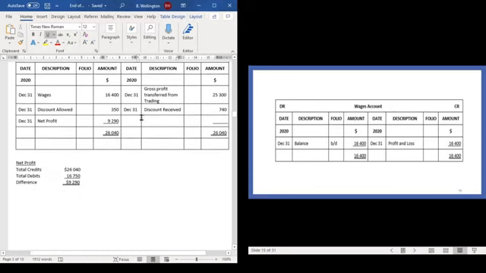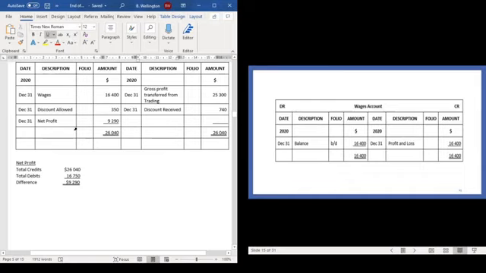The difference between the totals on both sides was $9,290. That is your net profit. Again, we're not going to say net profit carried down. Okay? This net profit is going to be transferred to the capital account.